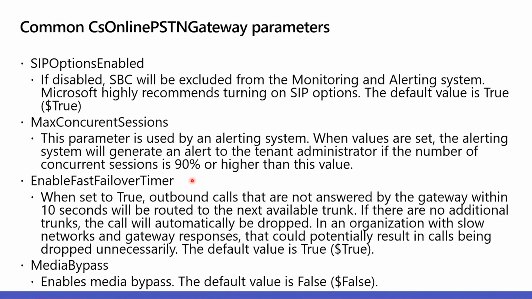Enable fast failover timer. It's important when you have multiple devices in your environment. If one device fails, we rapidly fail over to a second device, so the user doesn't have to wait to complete that call. Media bypass is supported. You have to look at the specific configurations by vendor at the link I provided earlier. The default is false.